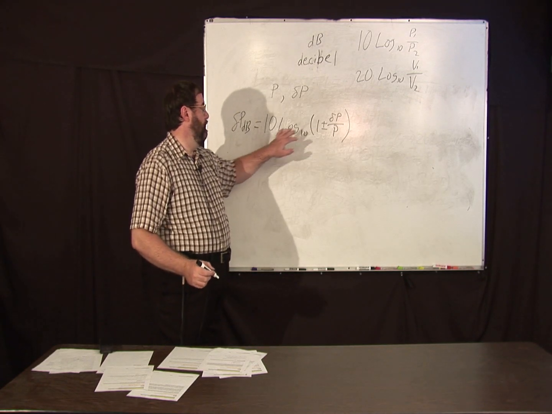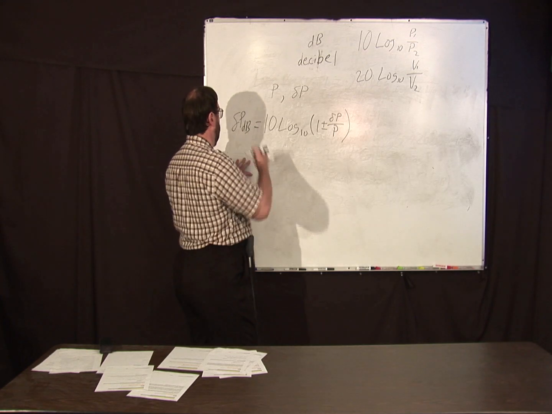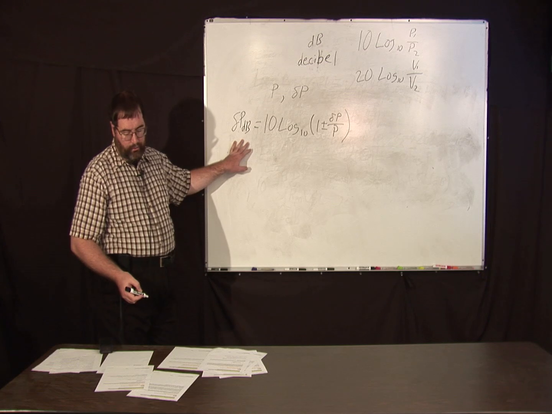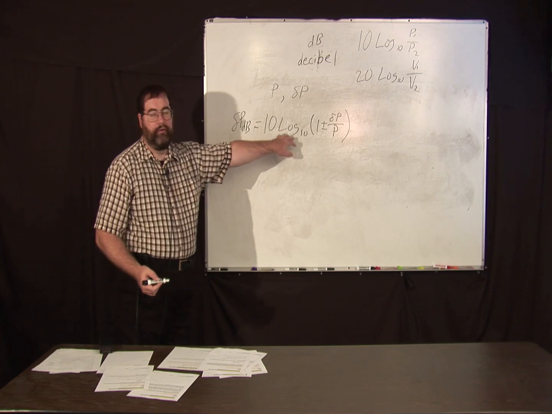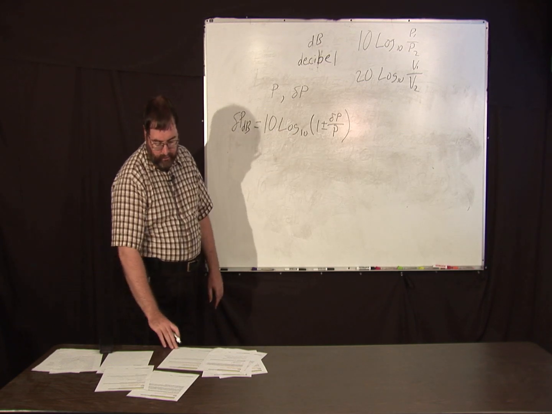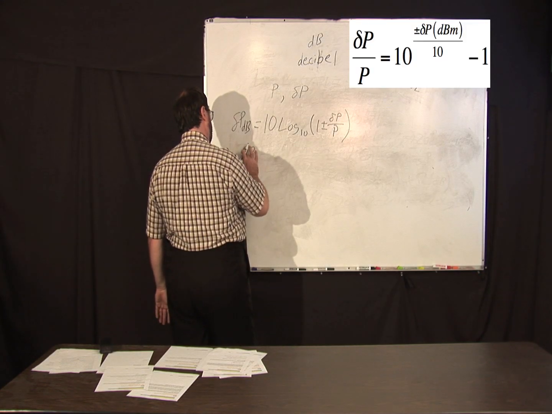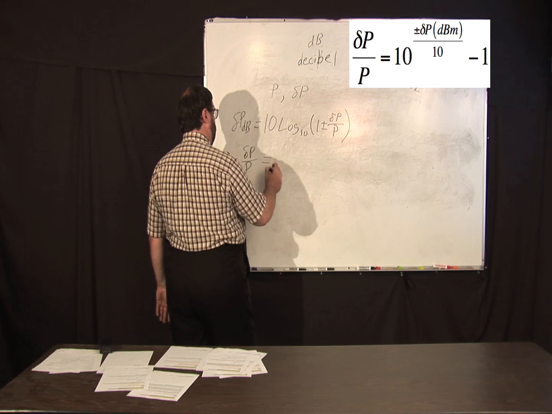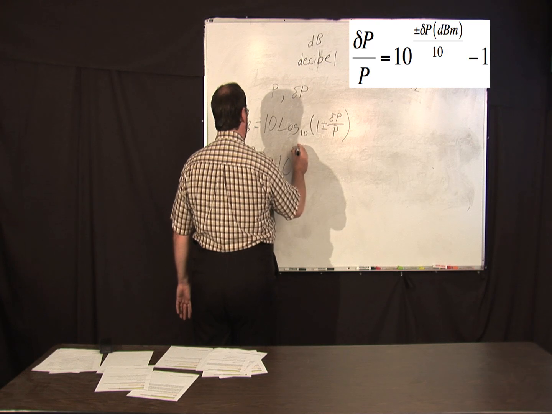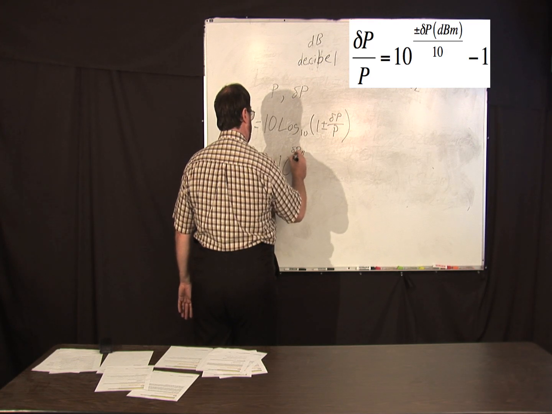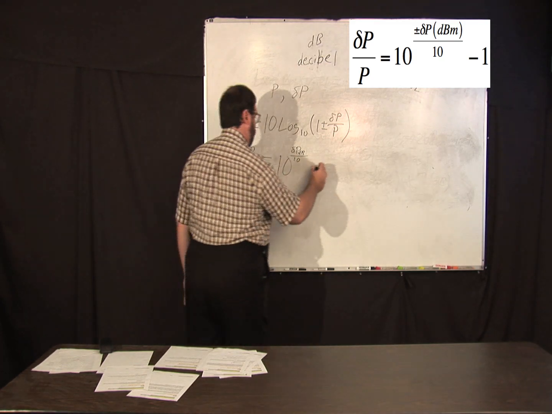Now what about if you go the other way? You have the uncertainty in P in dB, and you want to determine the relative uncertainty, and that's all you have. Well, you can invert this equation, and the relative uncertainty, delta P over P, is 10 to the delta P in dB divided by 10, and then there's going to be a minus 1 term.